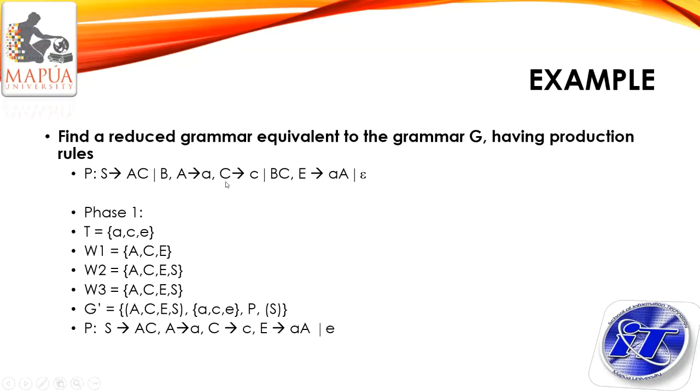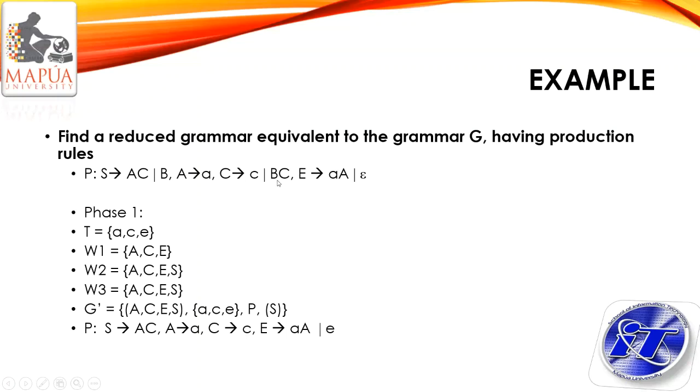Okay, so A maps to A, same. C maps to C, but BC is now removed since C is concatenated with B, which is not part of our rule, so therefore BC will be removed.